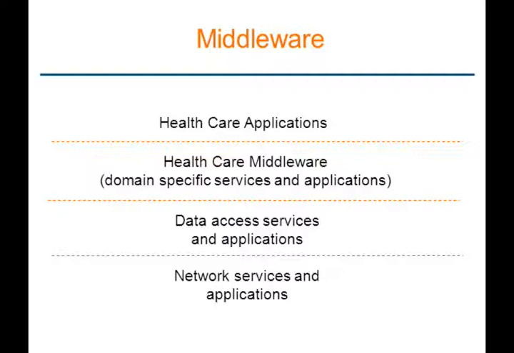The one above the network services layer is where we talked about internet services such as the domain name services or telnet or web itself, because the trend is that we are going to write more web-based applications, so the web server itself belongs in this layer. And the top 2 layers are all healthcare applications, and we are breaking it up further by saying that there are some common functions, which is what we're calling middleware, that are to be used by the higher layer applications.